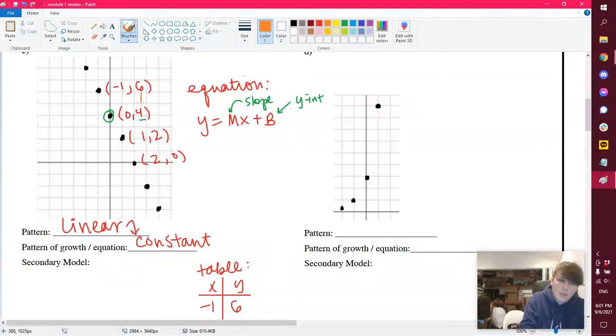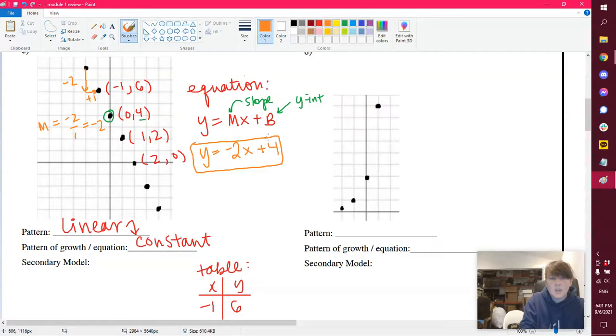And this is because we're going down 2 and over 1 to get from point to point, and -2 divided by 1 is -2. So here our equation would be -2x plus 4. Either this or the table works for our secondary model.